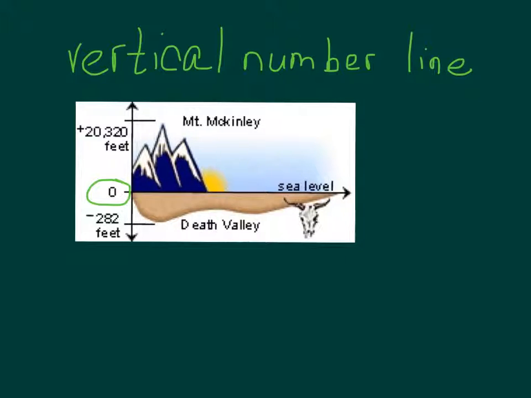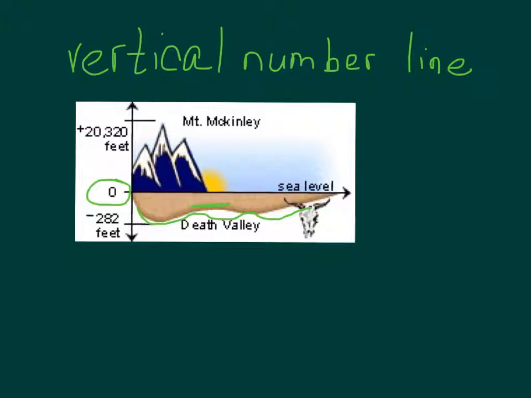So we can see down below, Death Valley, below sea level, goes to -282 feet. So that's very low. It's like a big hole in the ground, okay? So all of this is negative. Okay, it's all below sea level.